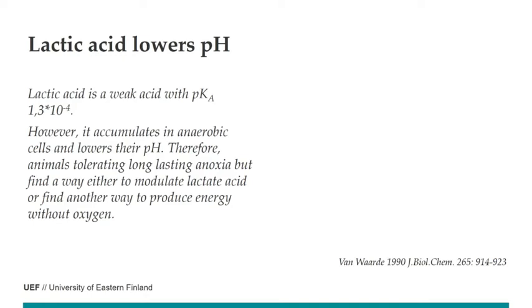And therefore, the animals that want to tolerate long-lasting anoxia must find either a way to modulate the lactic acid, release it from the cells, or find another way to produce the energy without oxygen.